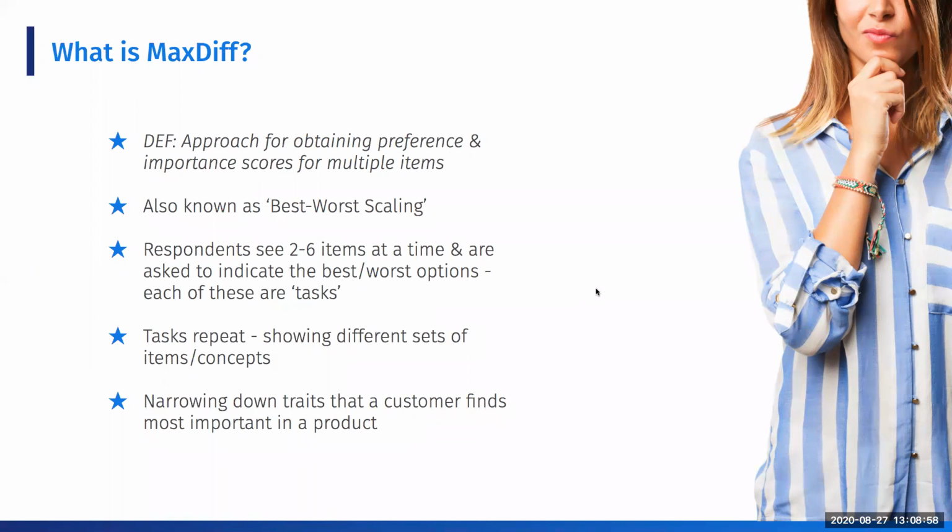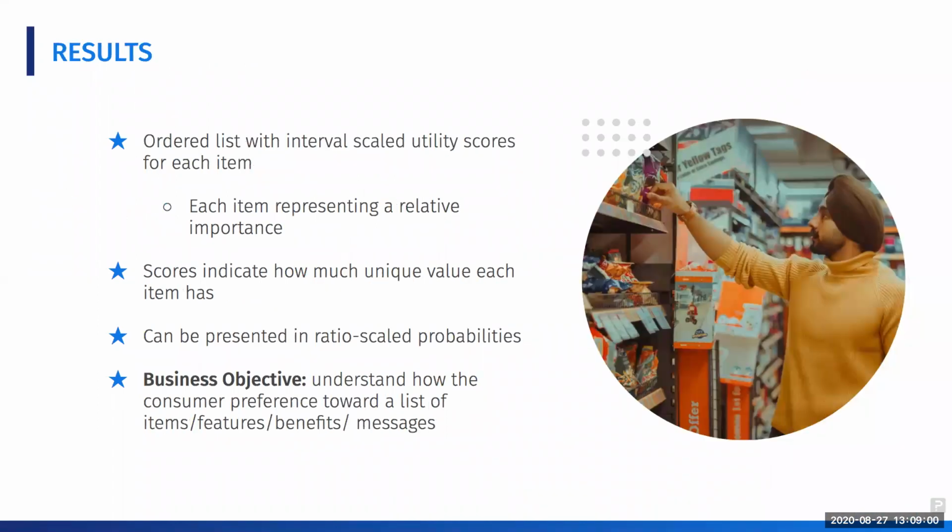So the end result would be an ordered list with interval scaled utility scores for each item, each item representing a relative importance. These scores indicate how much unique value each item has, and they are presented as ratio scaled probabilities.